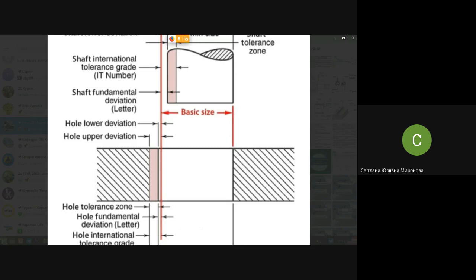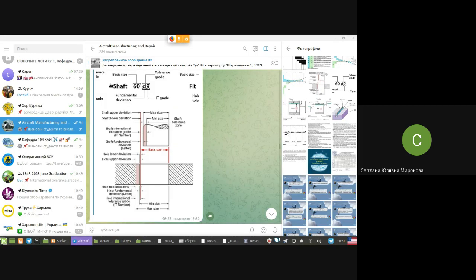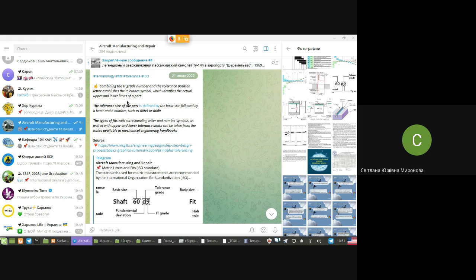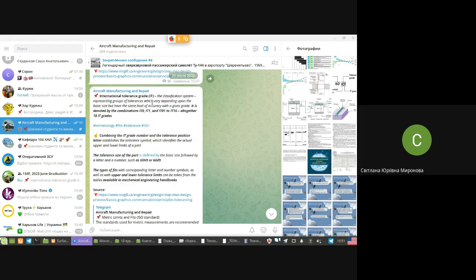But how may you increase accuracy of assembling in such a case? Only by increasing accuracy of parts. And I hope you remember that if we're talking about changing to the more accurate, by one level of this international tolerance grade, for instance from 16 to 15, it means increasing the cost of manufacturing such a part 10 times.